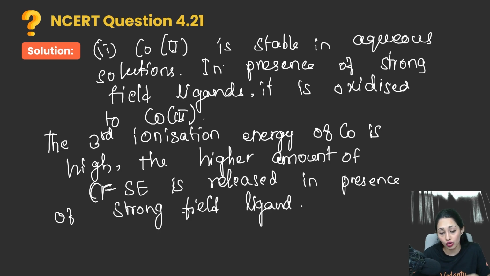So this energy is going to overcome the ionization energy. The higher amount of CFSE released in the presence of strong field ligands overcomes the ionization energy.